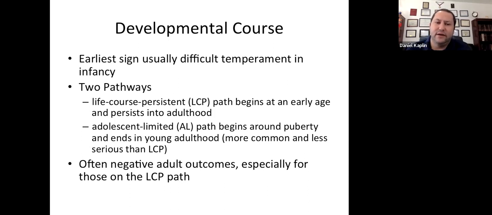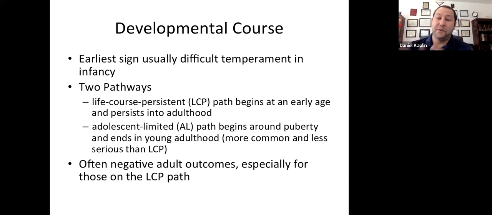So as I said, there are different pathways. The traditional pathway is the life course persistent pathway, which we mentioned. You start with oppositional defiant disorder, leads to conduct disorder, leads to antisocial personality disorder. So that would be life course on that developmental pathway. But I mentioned that not everyone follows that path, right? Some people with oppositional defiant disorder, you know, they figure out what's going on and they never transition to conduct disorder.